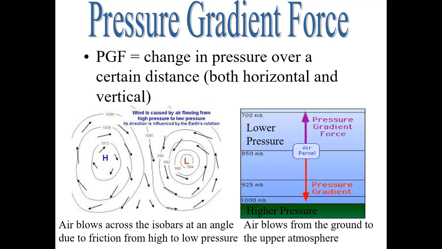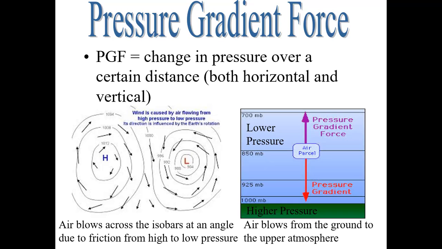Now, it's abbreviated by the letters PGF for pressure gradient force. And this is simply the change in the pressure over a certain distance. And you can have a pressure gradient force in both a horizontal direction as well as a vertical direction, right?